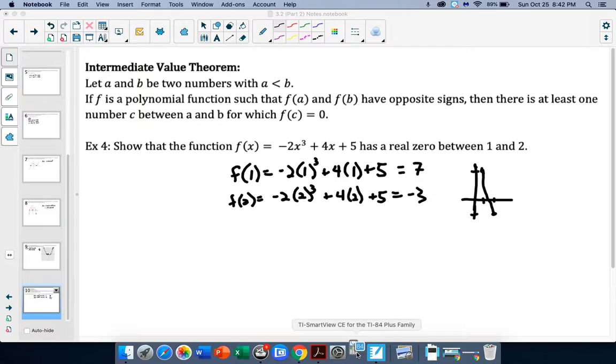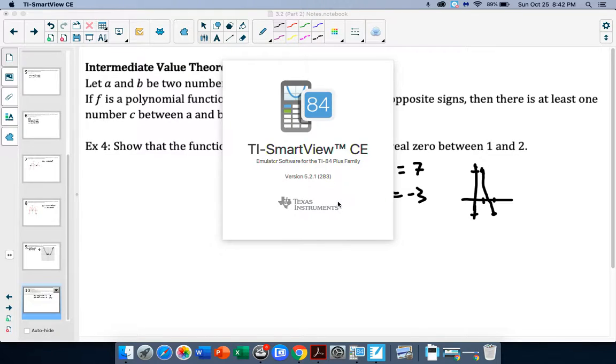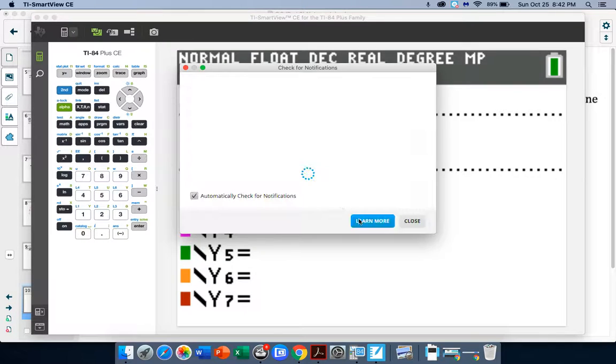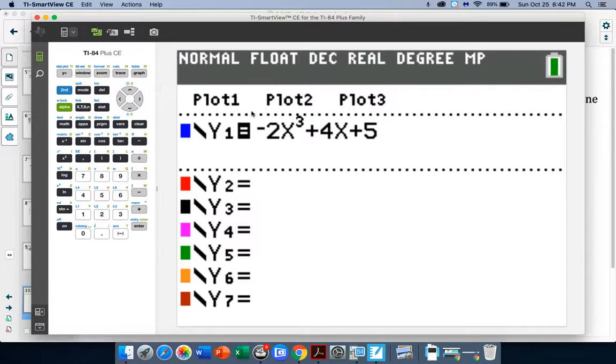estimate that 0 to 2 decimal places. So I want to show you how to do that on the calculator here. Okay, so I've already put this function into the calculator.